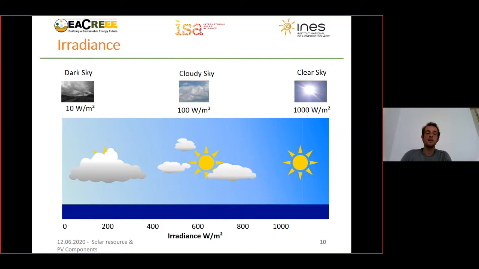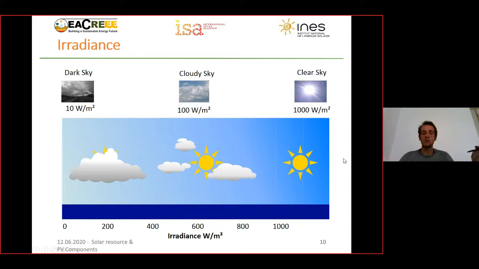And for very bad weather conditions, when you have a very dark sky, this irradiance value will even go lower, 10 watt per square meters, 20 up to 30 watt per square meters if you have a very dark sky, for instance, in storm conditions. So please remember these values of irradiance from basically 0 up to 1,000 watt per square meters in clear sky conditions.